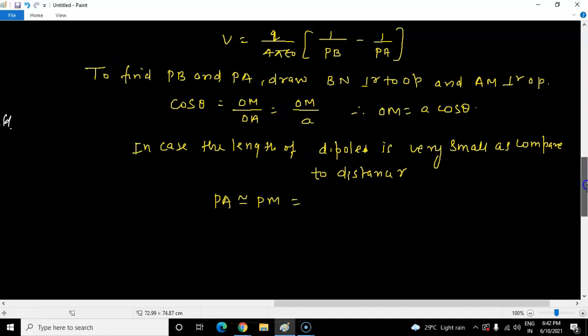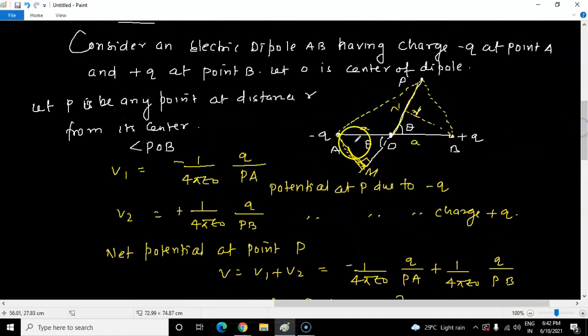This PA will be the same as PM only, because this is a small perpendicular distance. So PA is equal to PM, I can write OP plus OM.